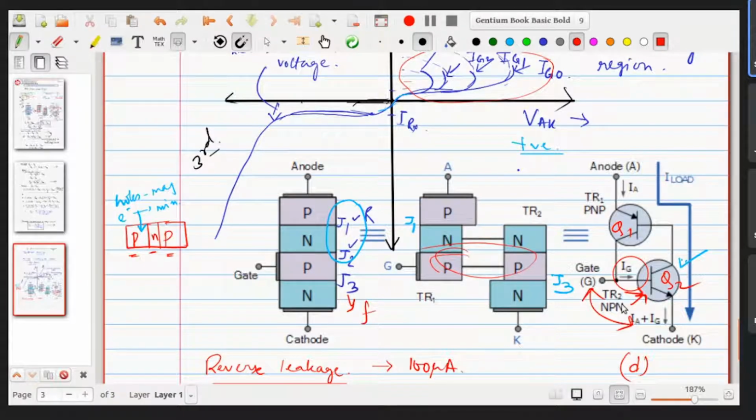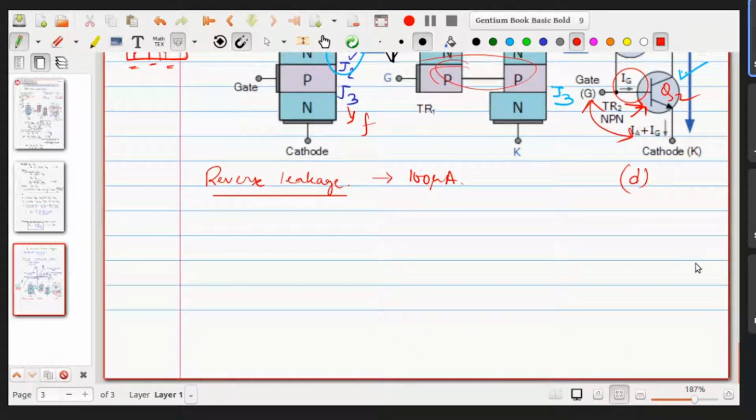Under which condition will it turn on? If the gate current IG is slightly larger than the leakage current ICO. See, two things we have to remember. This is a bit complicated from the physics point of view. That two things we have to work on simultaneously. Let me write it here separately.